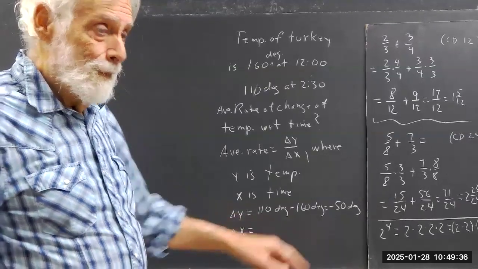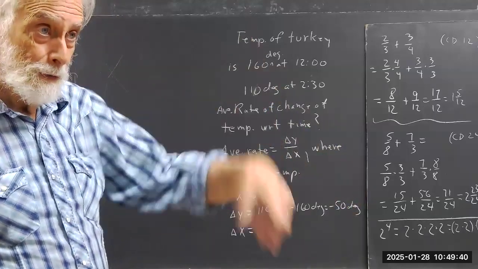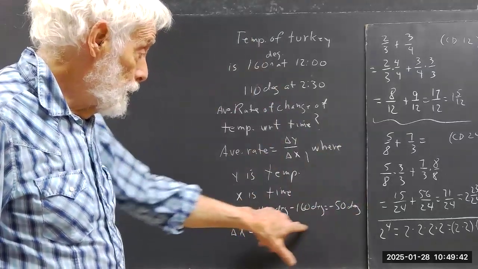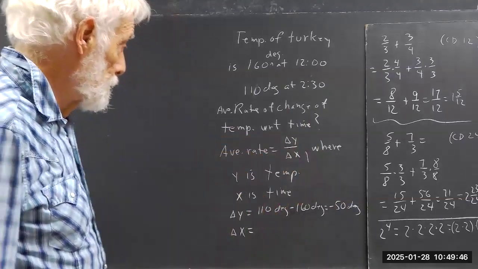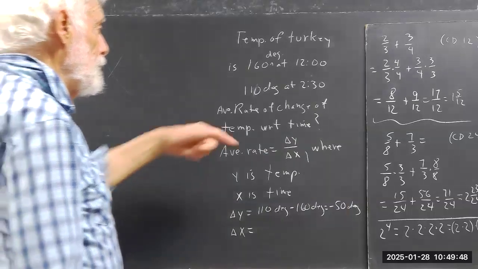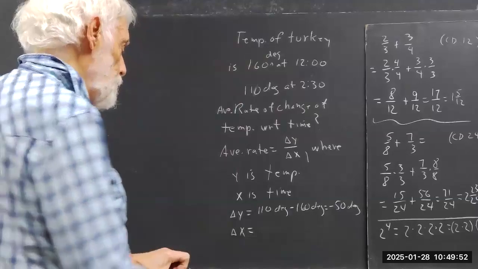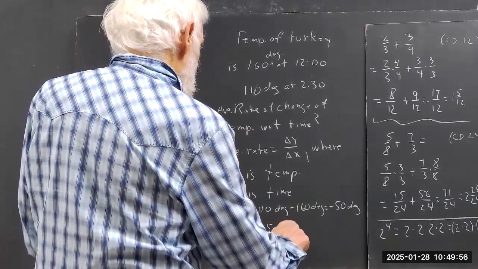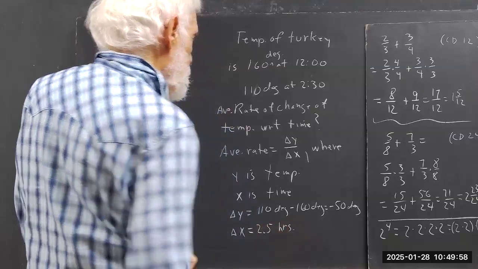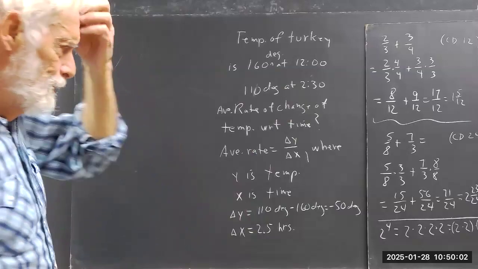And if the temperature is going up, then the later would be higher and you'd have a positive, right? But you've got to be careful about the signs and the later minus the earlier. Here, time is obviously going forward. It's 2.5 hours. You don't want to try to do 2:30 minus 12 o'clock, but you can get that.